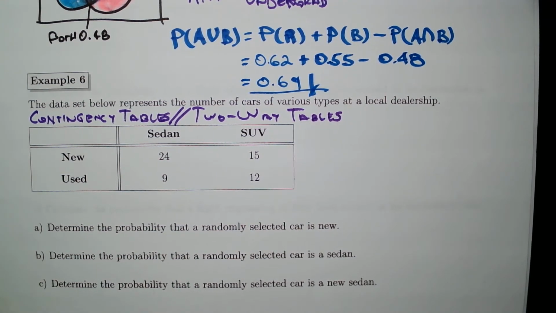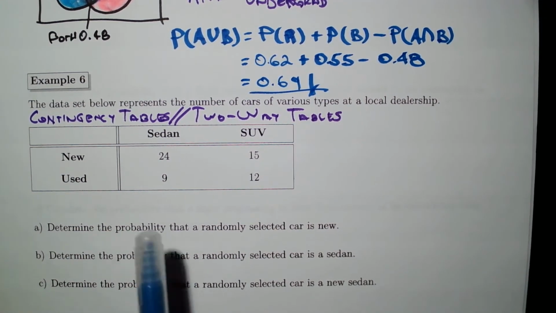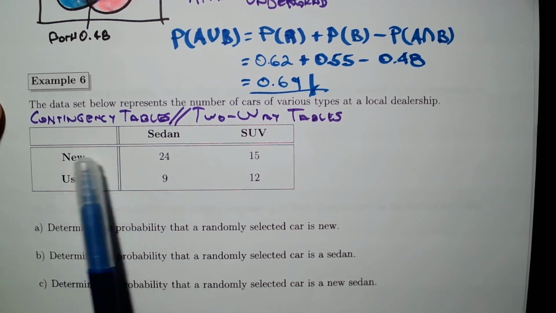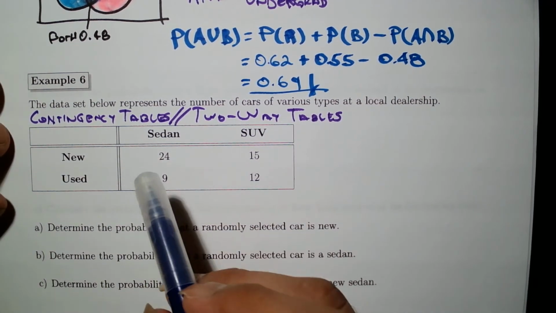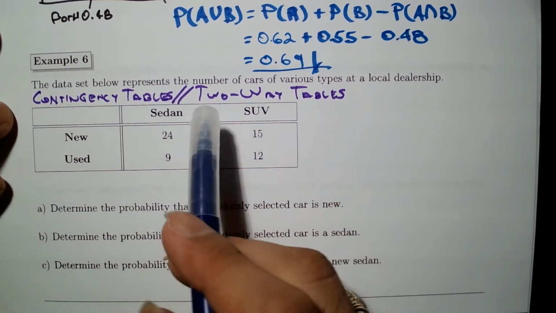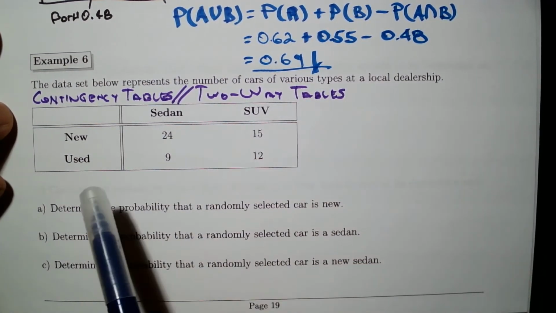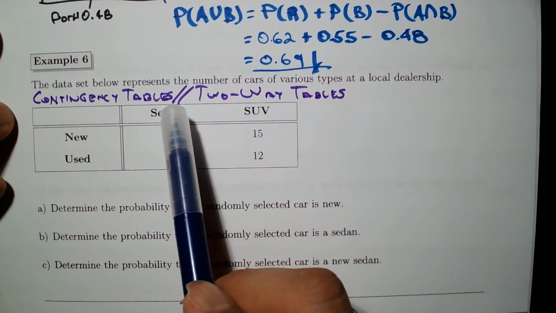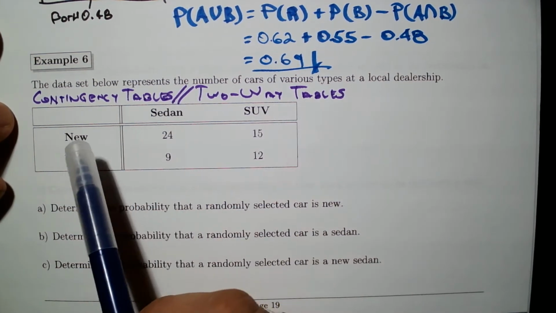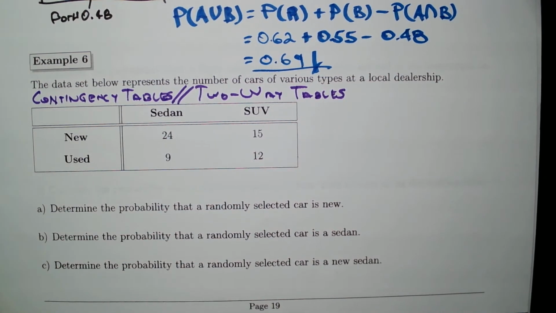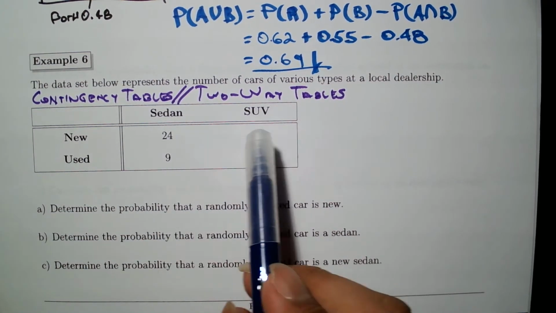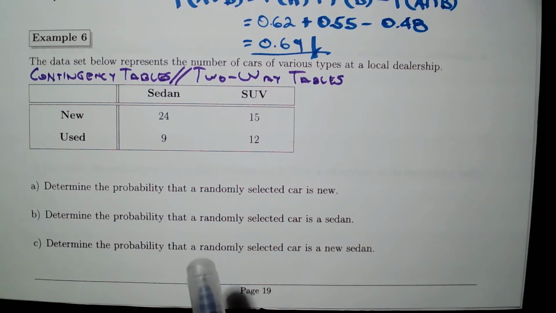Okay, so in this case we are given rows and columns relating characteristics of some situation. In this case, we have the total data of a local dealership that sells sedans and SUVs, some of which are new, some of which are used. Okay, so we are going to use this information to find different probabilities.